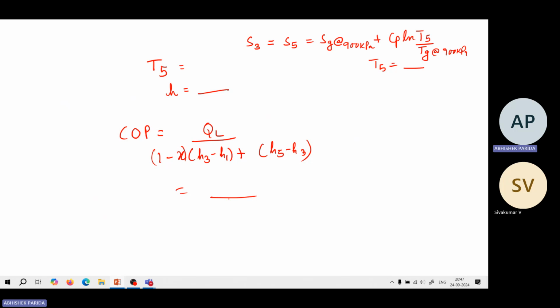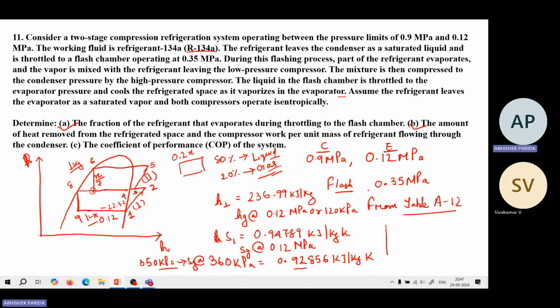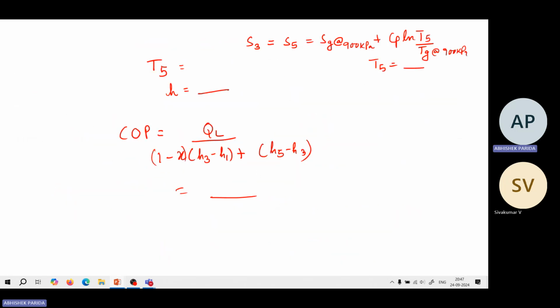I think that will really clear your basics. Also, if you can get a pH plot for R134a from the internet, try to solve it using a reverse check. I will surely share the plots for R12, R22 and R11, and the PDF of whatever questions we solved. You can use it for your purpose.